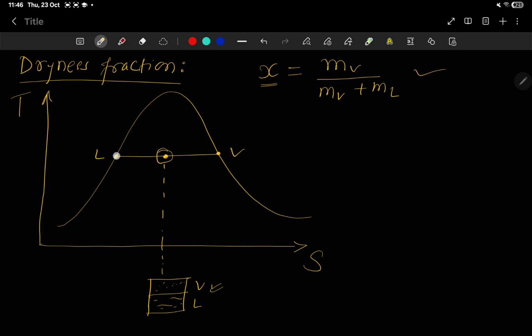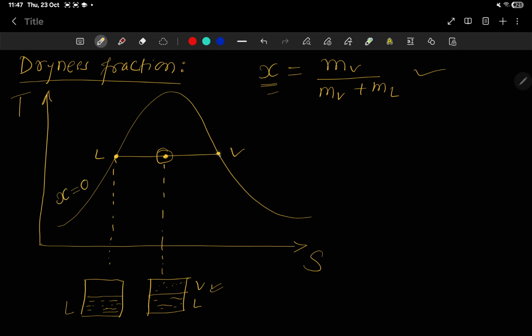Now can you tell me the value of dryness fraction at this point? Here we get only liquid, so mass of vapor will be 0, and x will be 0.